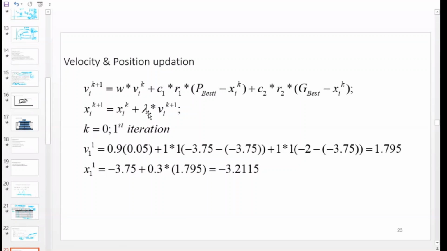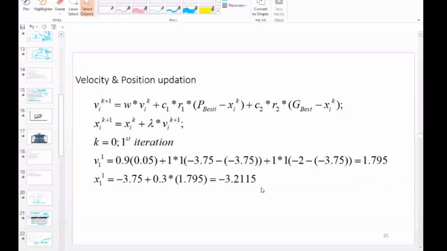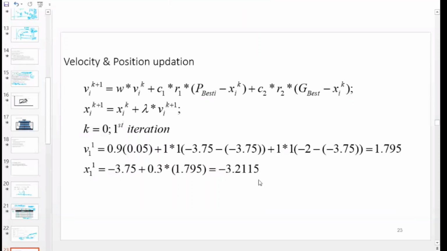It is a constriction factor. It is a constant which will affect the convergence. It is considered as a constant, right? And this is v1 superscript 1. So it is 1.795. So this is the new value of a particle 1 at the end of first iteration. It is minus 3.2115.